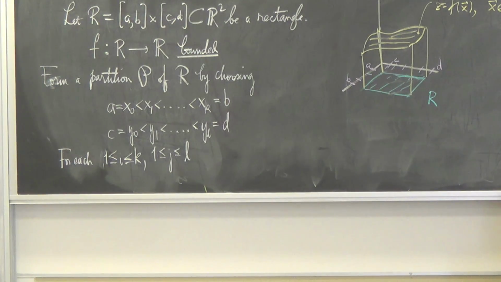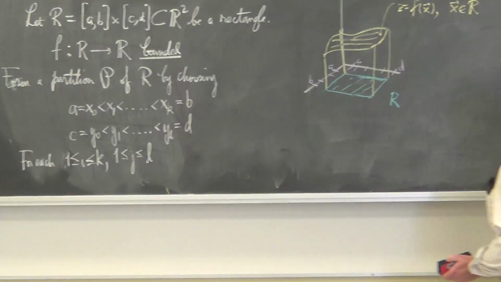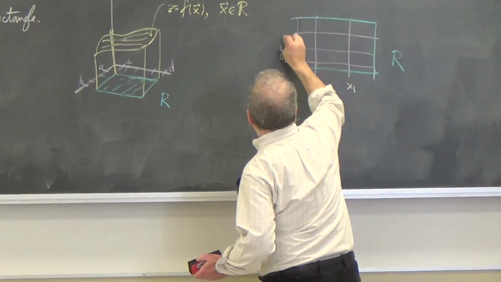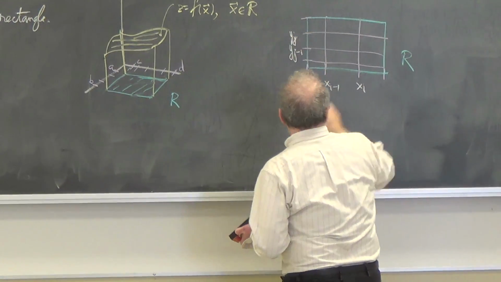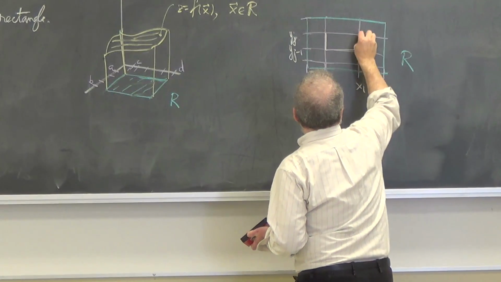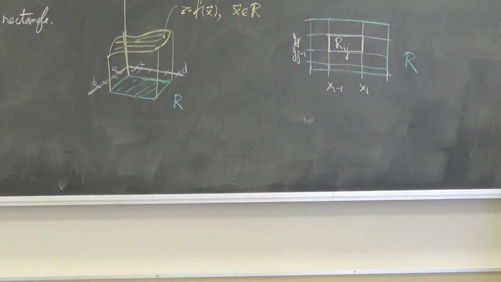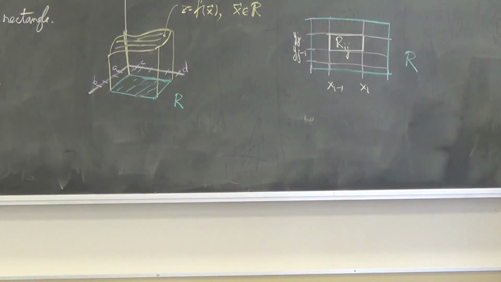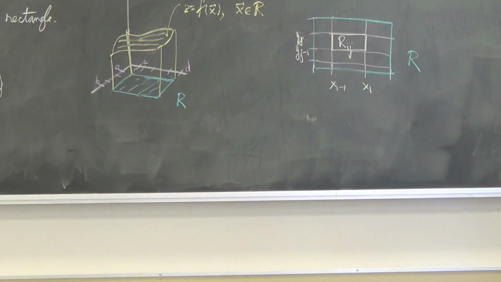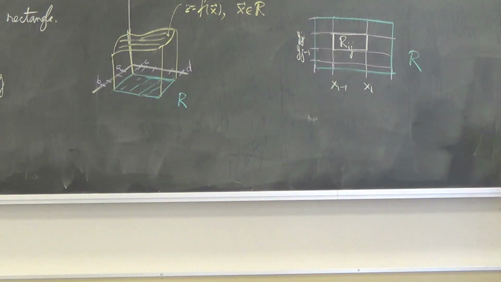So here, these are my x sub i's, and these are my y sub j's, and I get the ij rectangle by being the ith interval in the x direction and the jth interval in the y. So this reminds you of what? This notation. Matrices.